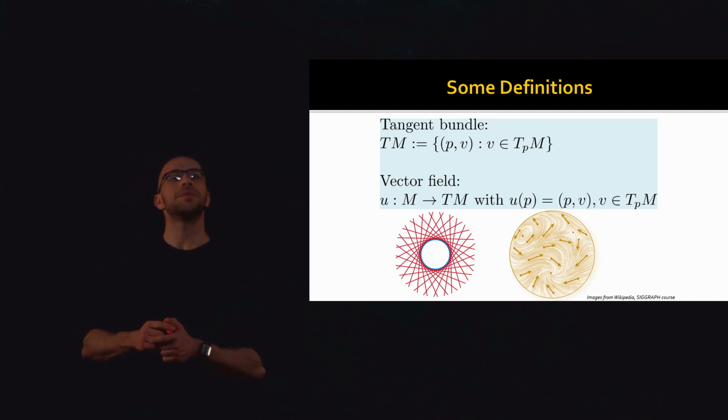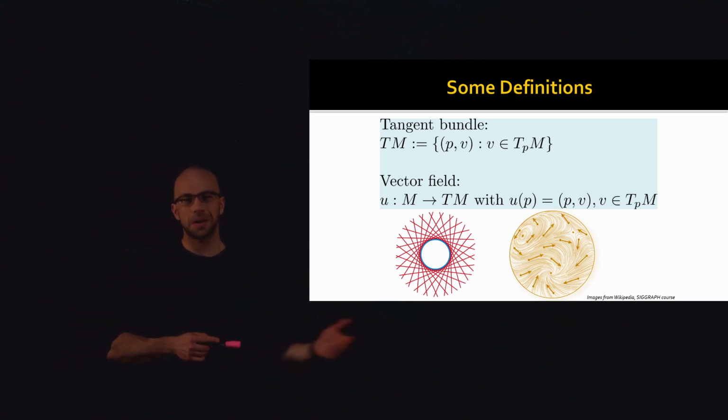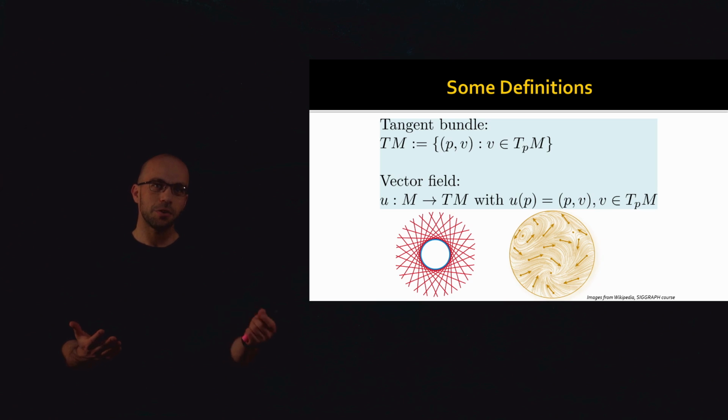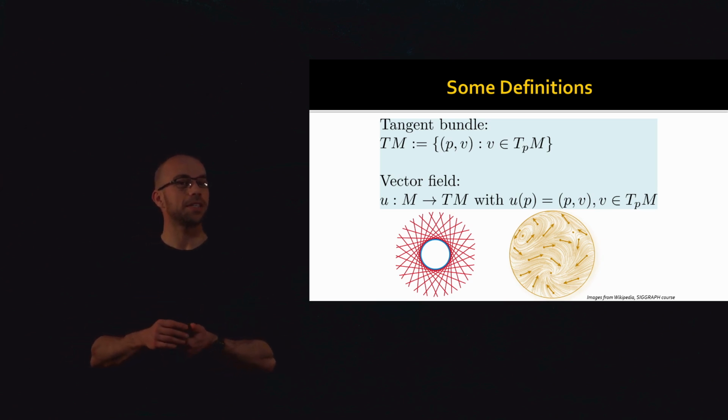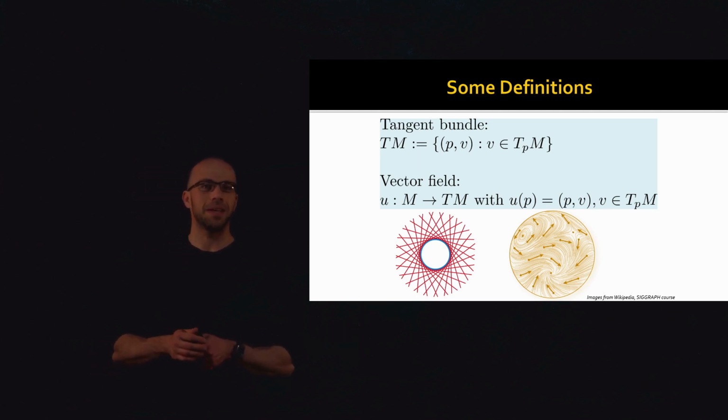Okay, so if you're willing to buy this definition of a tangent bundle, here's a nice illustration of it on the bottom left, then you can think of a vector field as a map from our manifold M into the tangent bundle TM, but with a constraint, which is that at a point p, the second coordinate v is in the tangent plane at p.